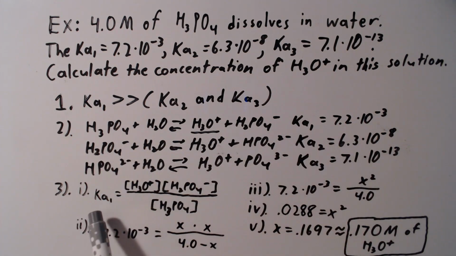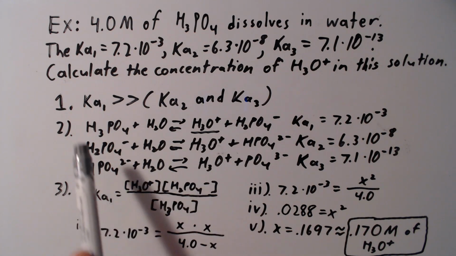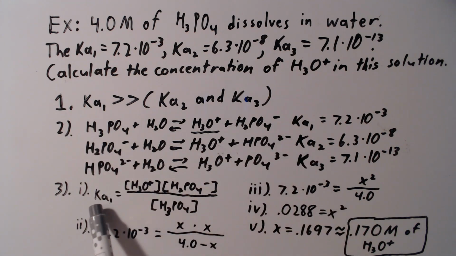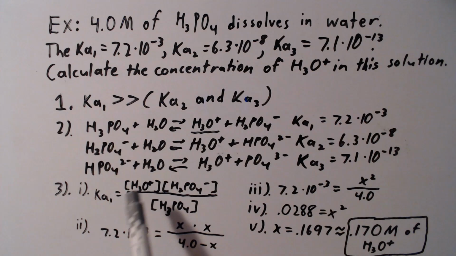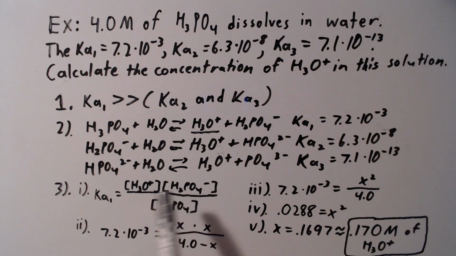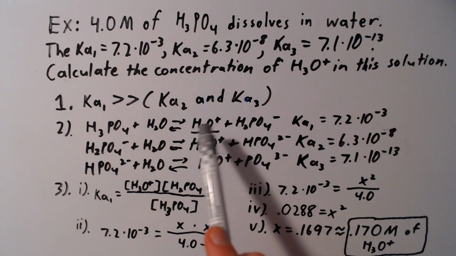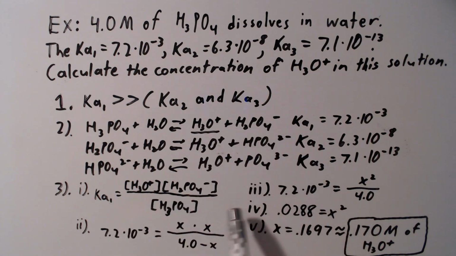First, we'll have to draw the equilibrium equation for this first equation, and that will be Ka1 equals the products multiplied by each other, the concentrations of them, so H3O plus times H2PO4 minus, over the concentration of the reactants, so H3PO4, and we ignore the water, as always.